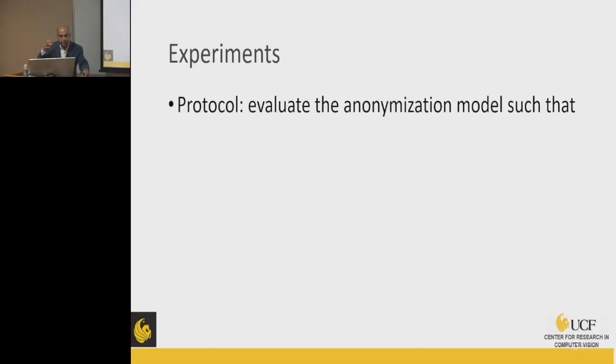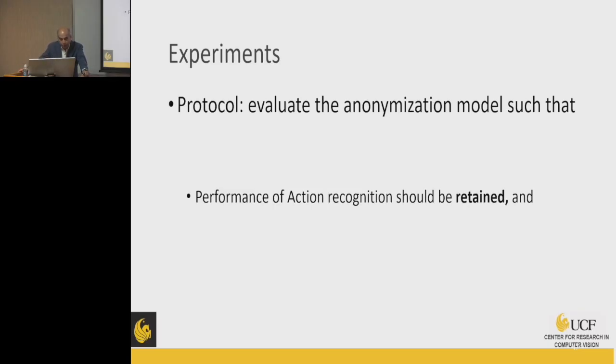We have the task of action classification, and at the same time we want to maintain privacy. So we have to evaluate both. The performance of action recognition should be retained, and at the same time the privacy classification should be degraded.